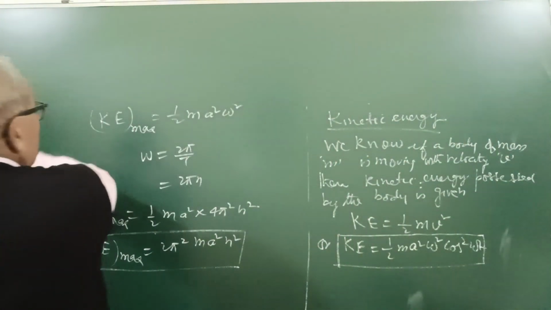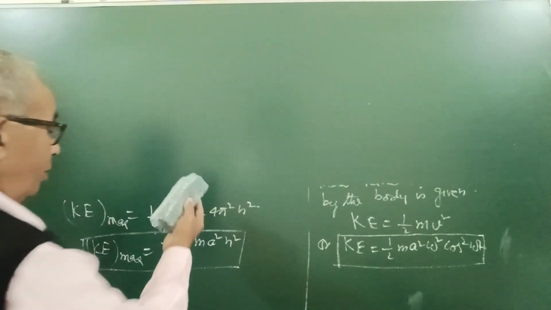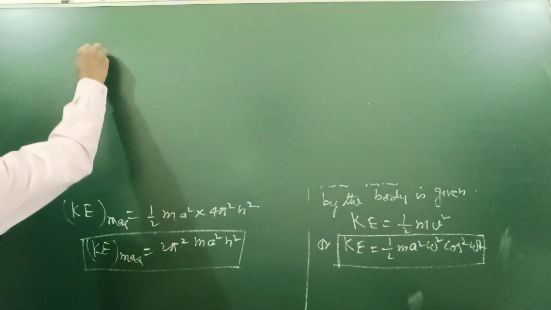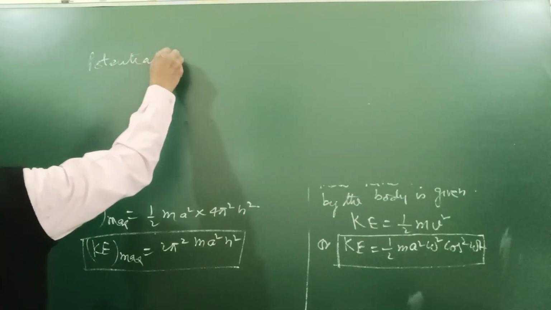Now I come to potential energy. I told you the definition of potential energy: when work is done against some force, the work done appears in the form of potential energy.